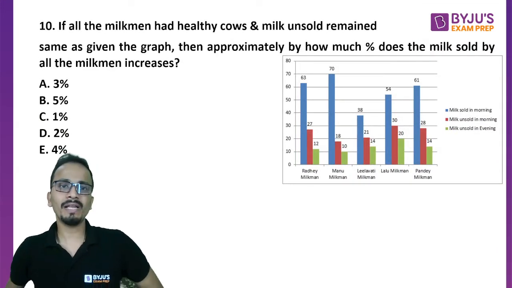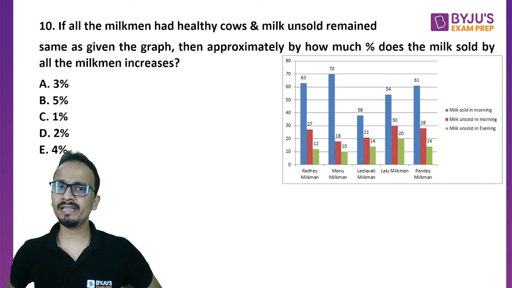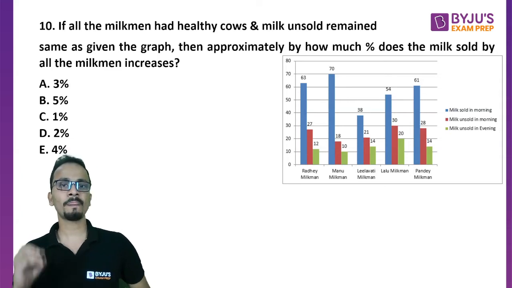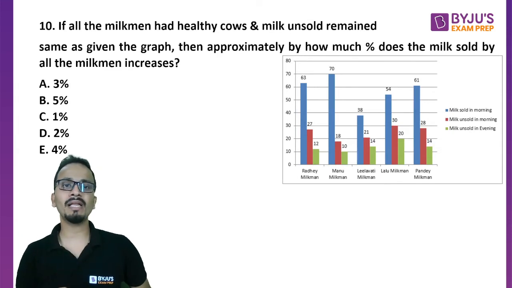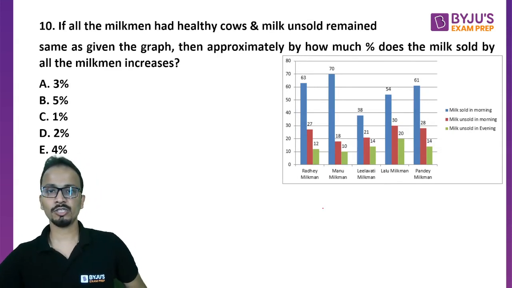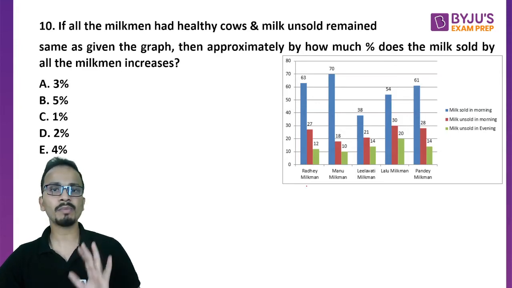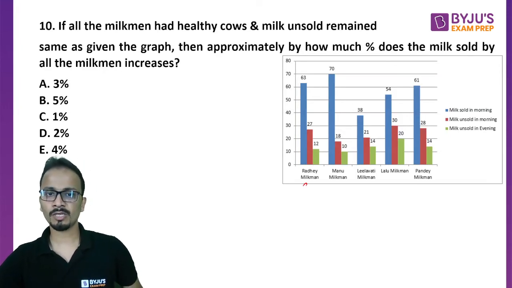If all the milkman had healthy cows, okay, so abhi to unhealthy cows thi kisi kisi ke paas. So they are saying that if all the milkman had healthy cows, that means everybody will have their maximum capacity to sell. So 90, 90, 60, 90 and 90.